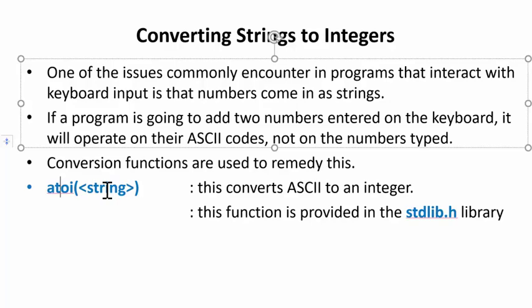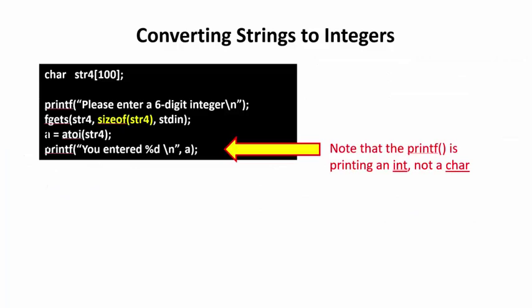Now that means you have to assign this to a variable, but it's not that tricky. You just make sure you have a variable declared that is of type integer, and then you convert it. So let's do it. Here's an example.